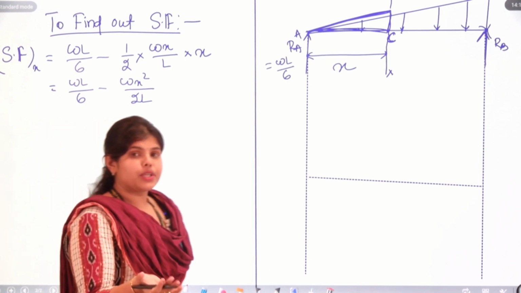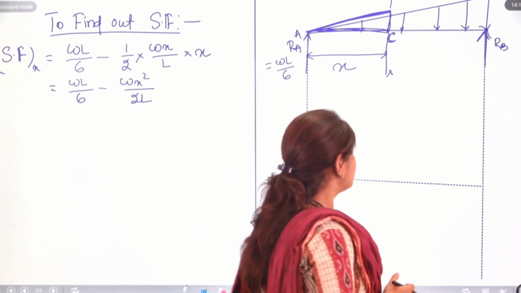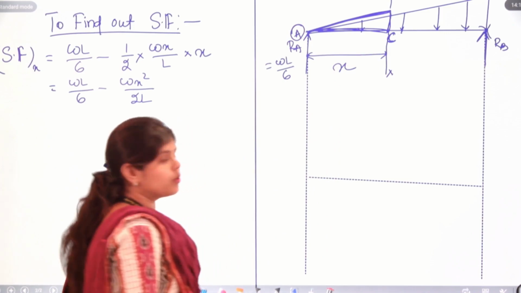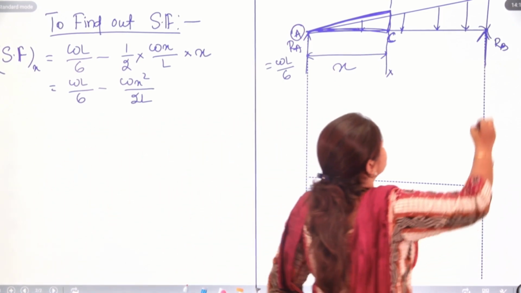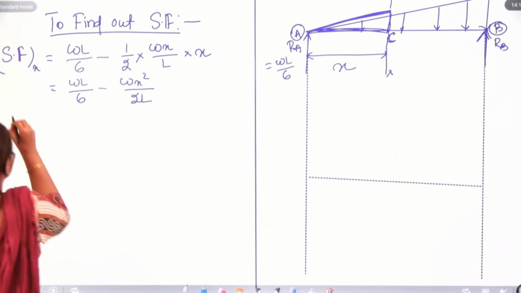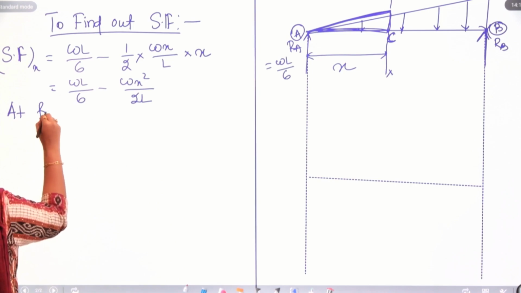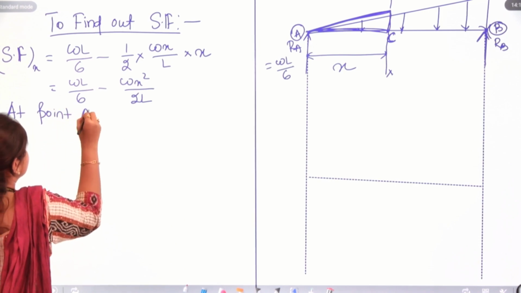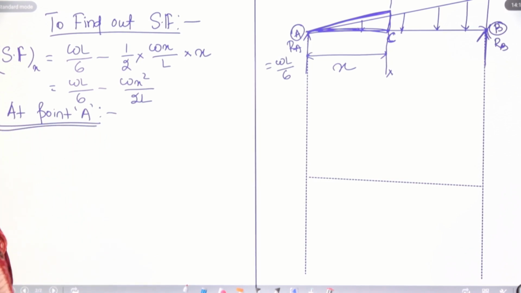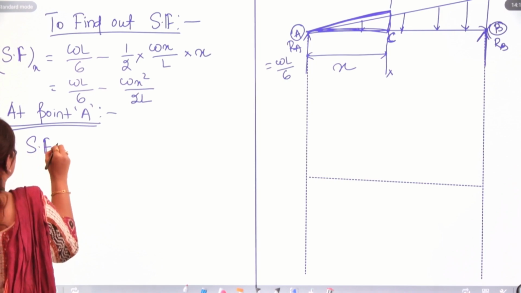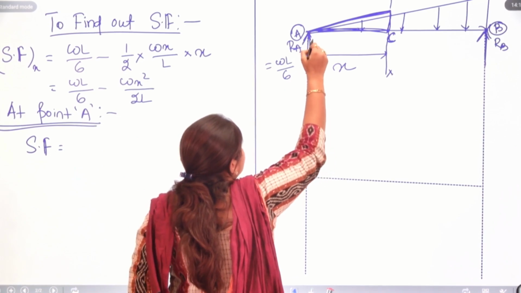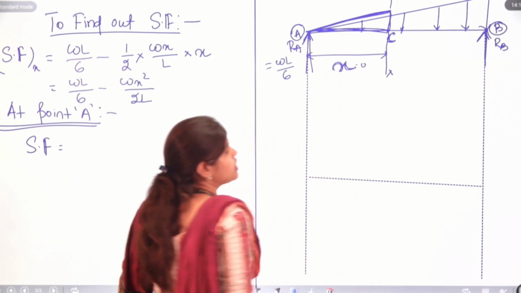Now as we have the equation, we can find out shear force at any point. So, shear force at point A and at point B, we will calculate. At point A, you can see this x is going to be 0.